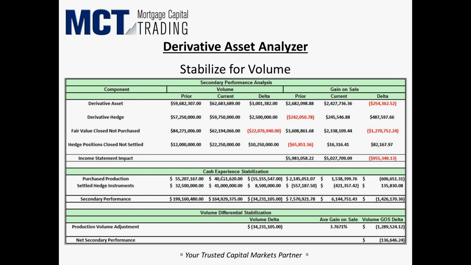Now, if we're going to get into actually analyzing the derivative asset drop, this is really stabilized for the innocuous factors. Now we do have a true $136,000 differential. But one thing to understand is this is a $136,000 differential on $199 million in volume.